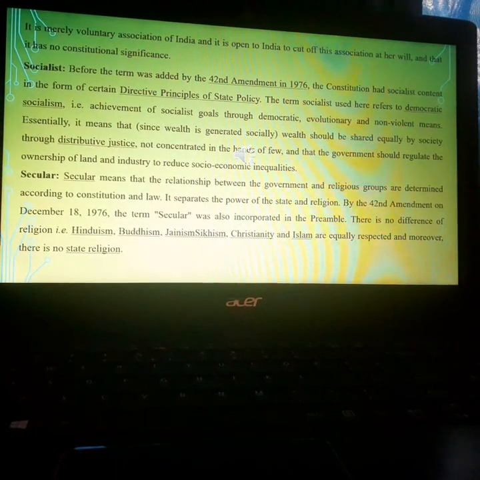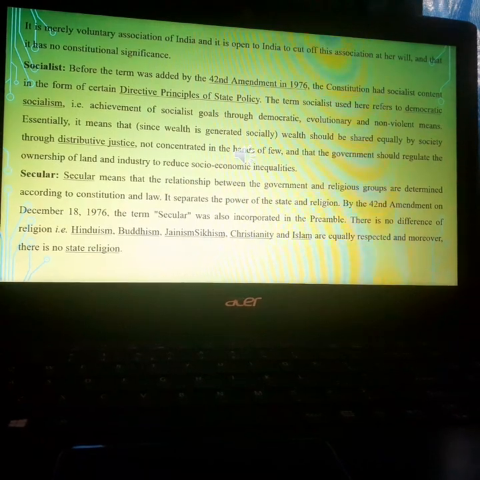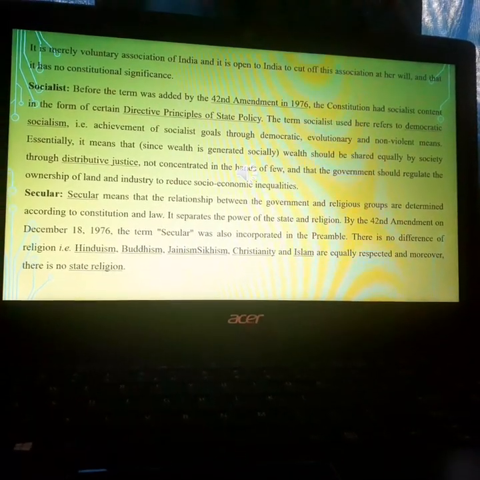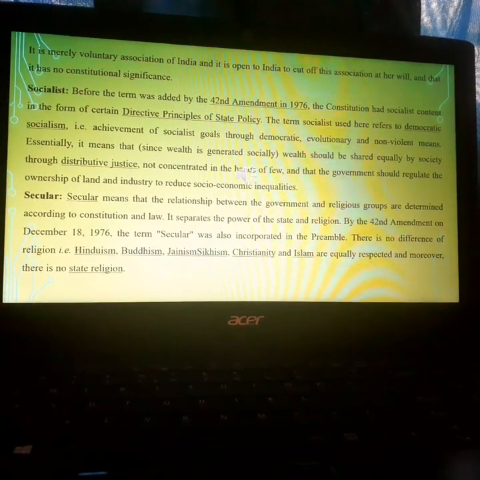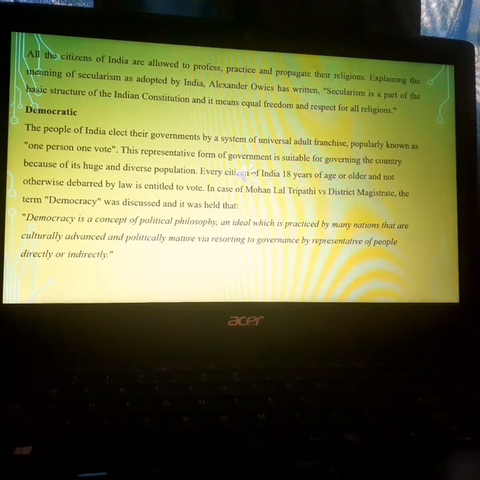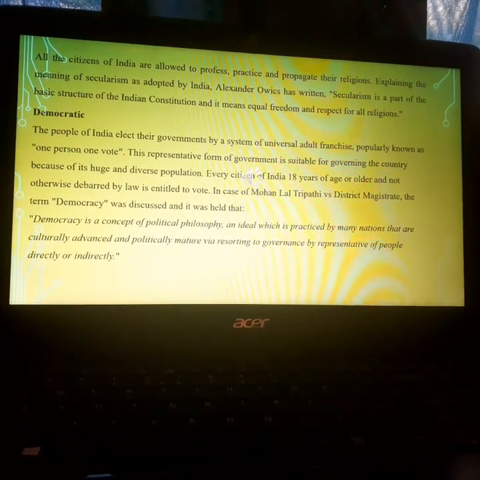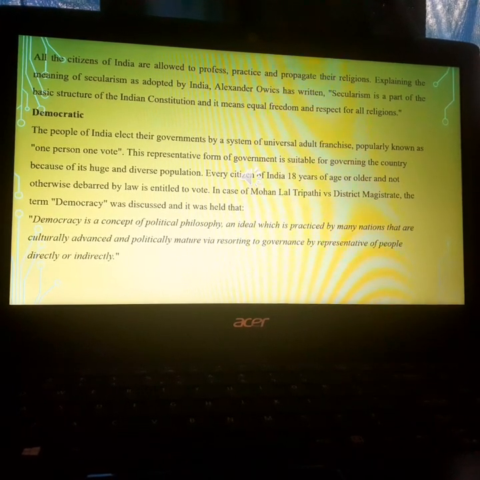Hinduism, Buddhism, Jainism, Sikhism, Christianity, and Islam are equally respected, and moreover, there is no state religion. All the citizens of India are allowed to profess, practice, and propagate their religions.